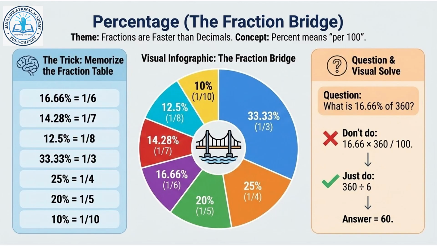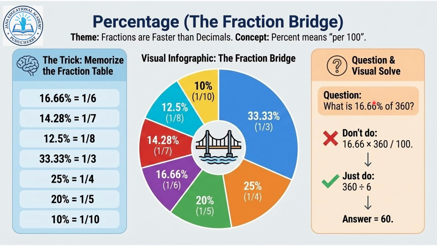Now you have to memorize this. 16.66 percent is nothing but 1 by 6, 14.28 percent is 1 by 7, 12.5 percent is 1 by 8, 33.33 percent is 1 by 3, 25 percent is 1 by 4, 20 percent is 1 by 5, and 10 percent is 1 by 10. If you keep remembering like this, it is very useful to solve problems.